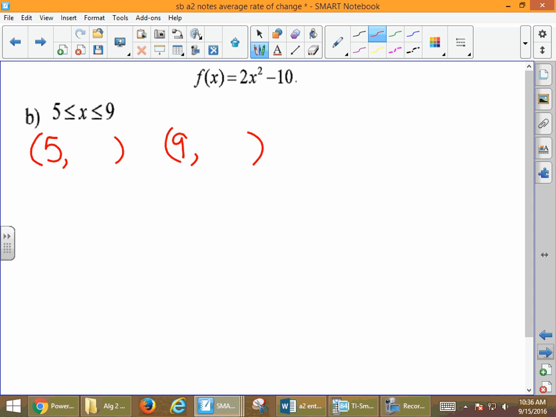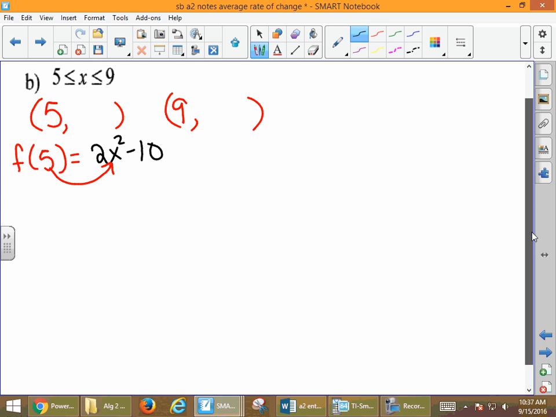So we're going to put the value of 5 back into this function and compute the value. We're going to put the 9 back in this function and figure out what it is. So on this first case here, it's going to be f of 5. We're going to put that back into 2x squared minus 10. So our value of 5 is going to go in here.